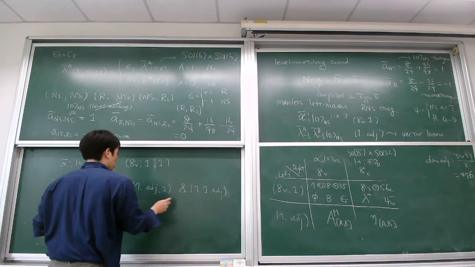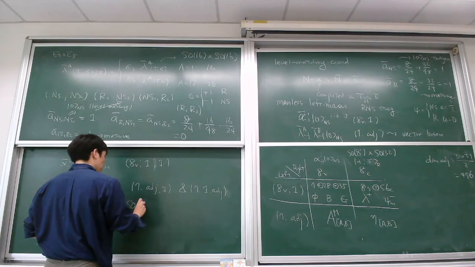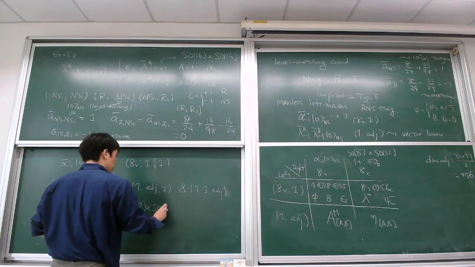So here, the indices are a little group of space-time, and then gauge symmetry.